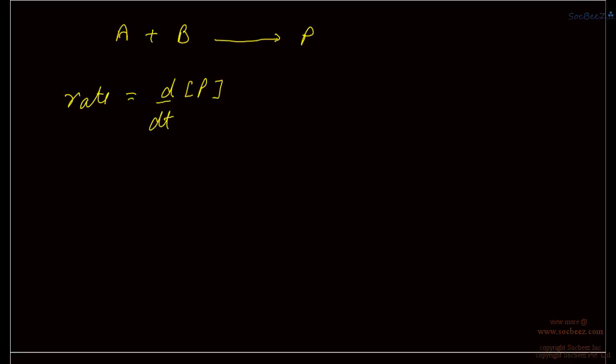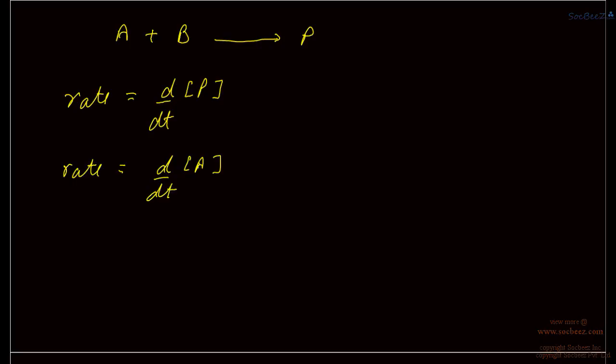But there must be something with respect to reactants as well. Suppose the product is a colorless gas. Therefore, in order to observe whether the reaction is taking place or not, we will have to observe the reactants. And hence, rate equals d by dt of reactants as well.